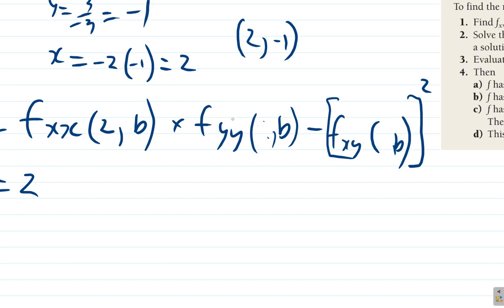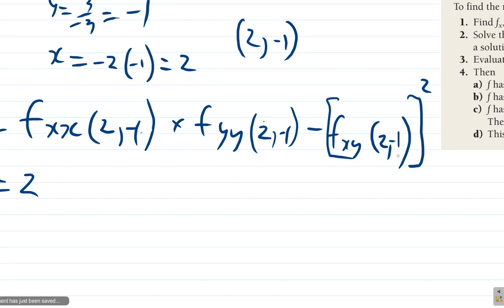It will be (2, negative 1). And the second value, b, would be negative 1.